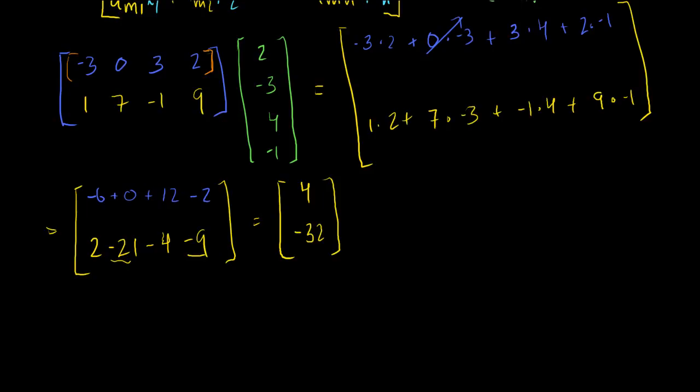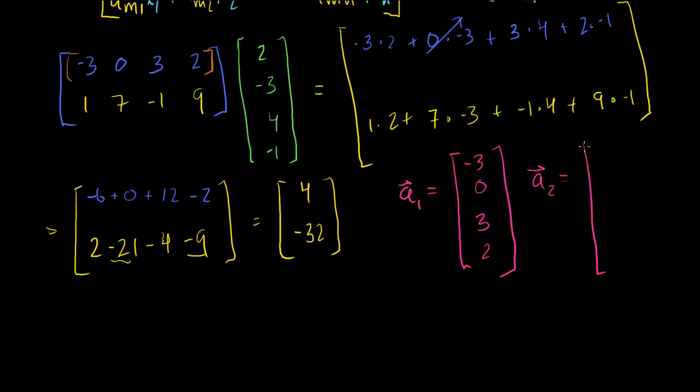Let me define vector A1 equal to -3, 0, 3, 2. And let me define vector A2 to be equal to 1, 7, -1, 9. So all I did is I wrote these in our standard vector form, as column vectors.